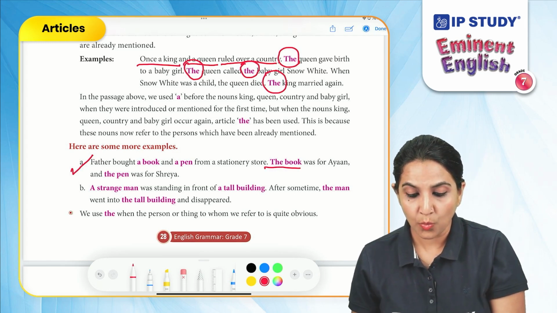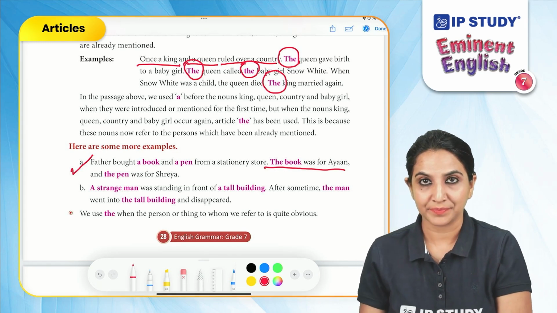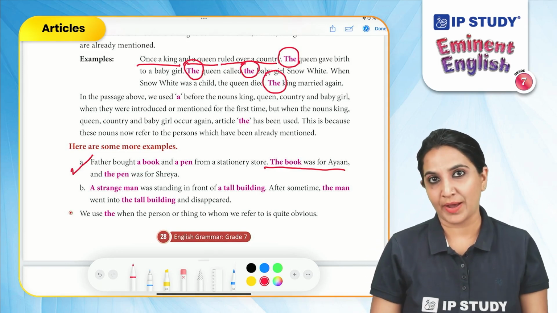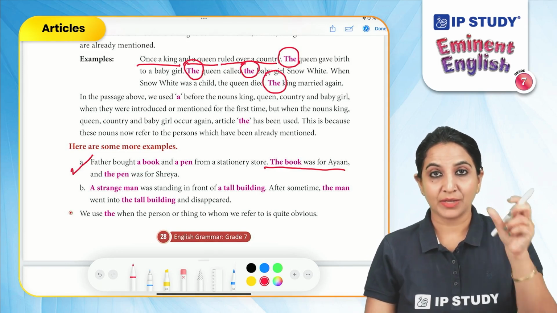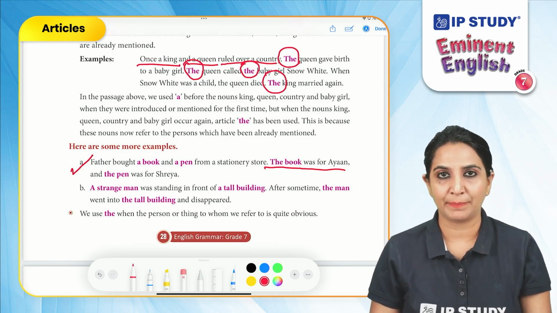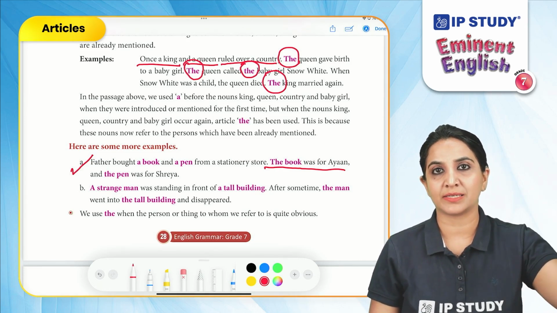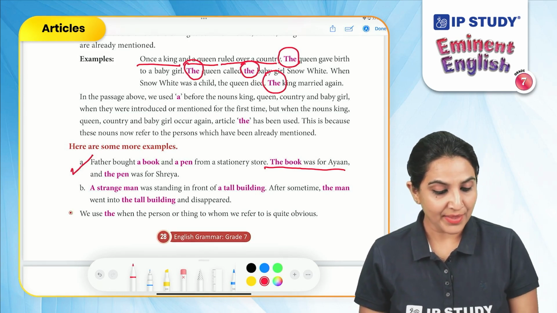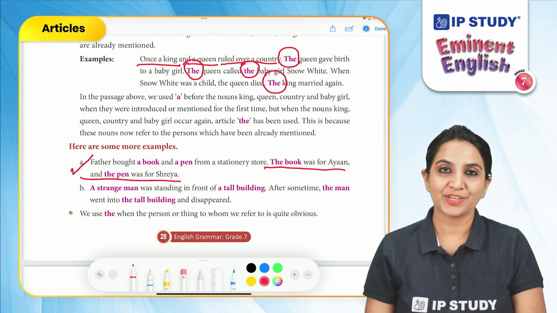The book was for Ayan. Ayan is a proper noun, therefore no article is required. But with the book, once it is definite which book we are talking about, we have started using article the. The book was for Ayan and the pen was for Shreya.